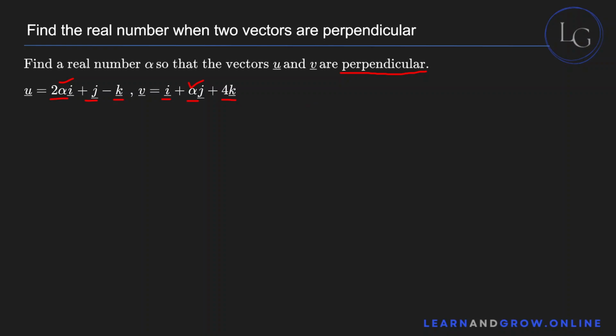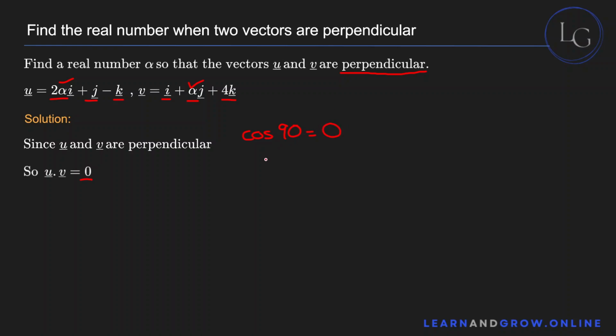So what that means is that the dot product of u and v is equal to 0. And in case you don't know, when the angle between u and v is 90 degrees, since it's perpendicular, that means that the cosine of the angle between them, which is cosine of 90, is equal to 0, right?